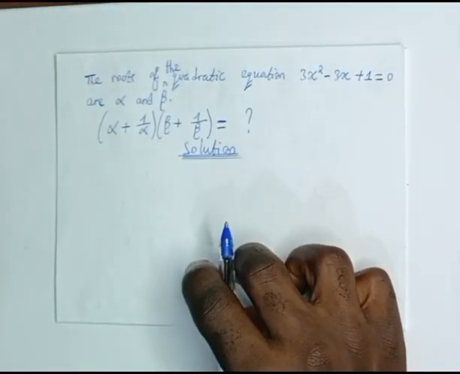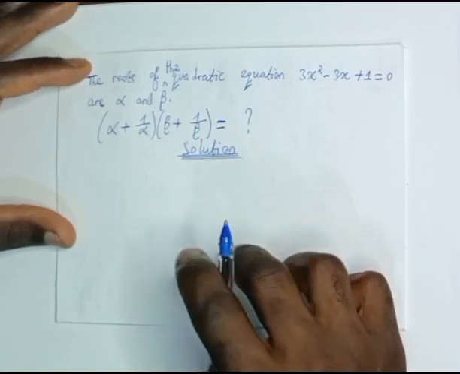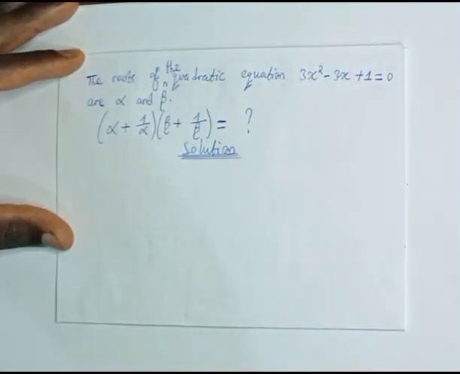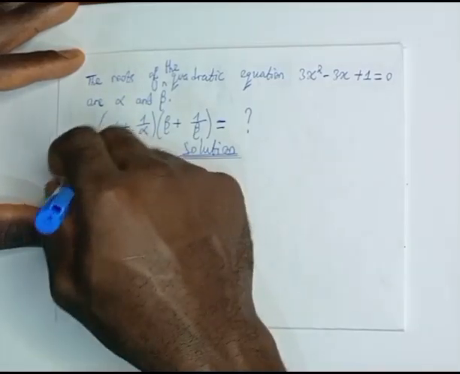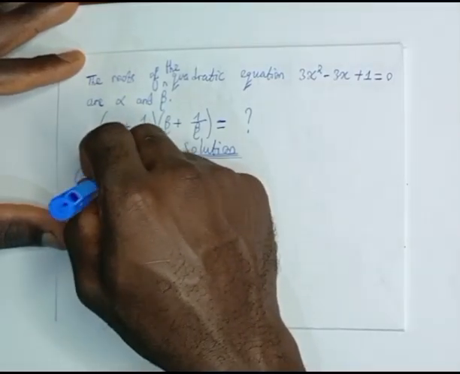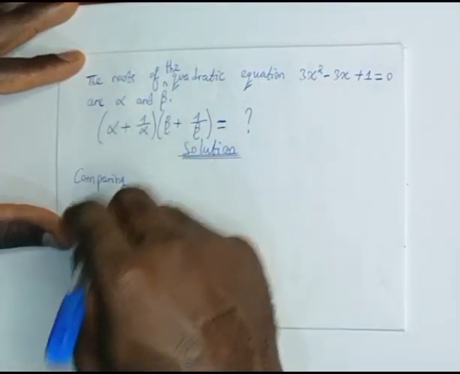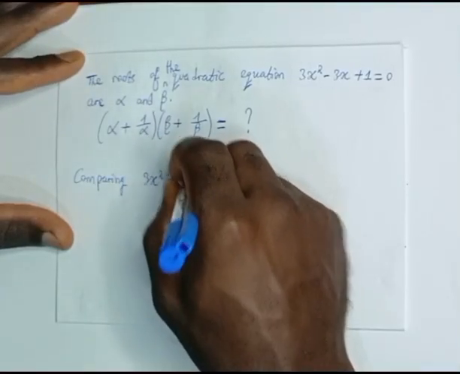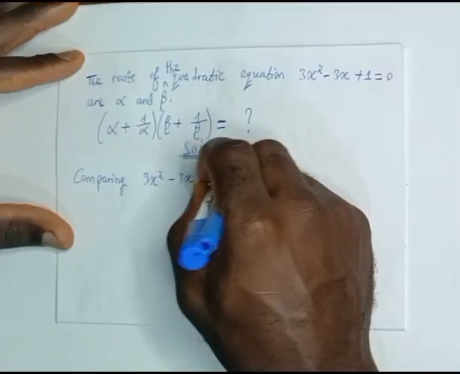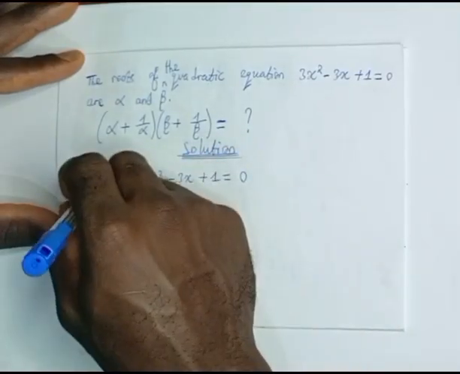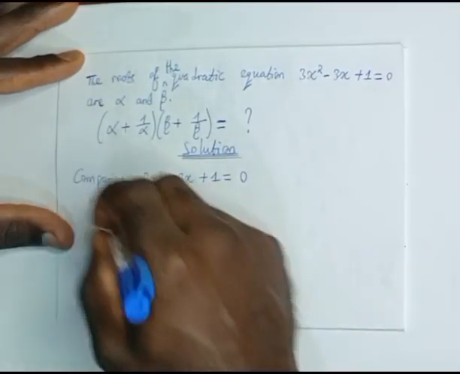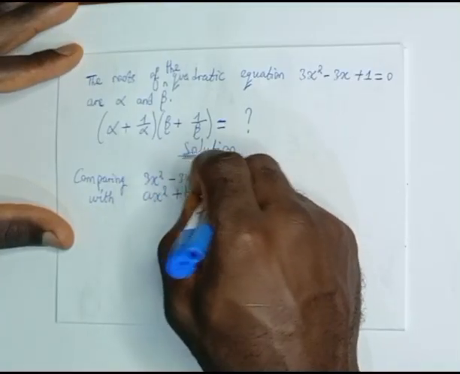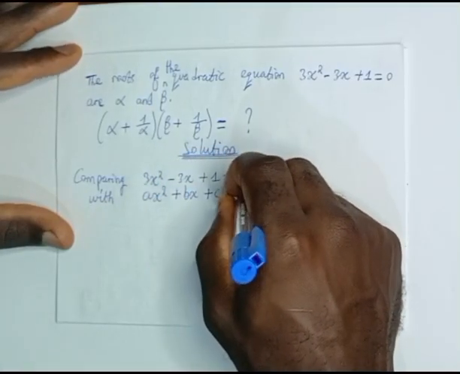First thing, we are going to start by comparing the given quadratic equation, 3x squared minus 3x plus 1 equal to 0, with the general form of a quadratic equation, which is ax squared plus bx plus c equal to 0.